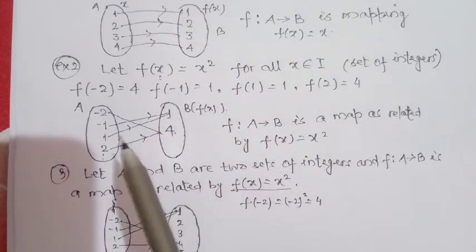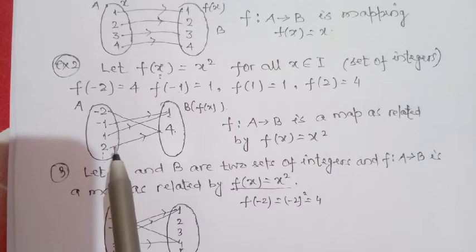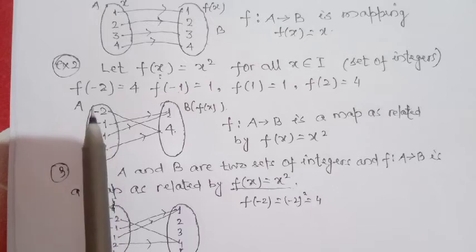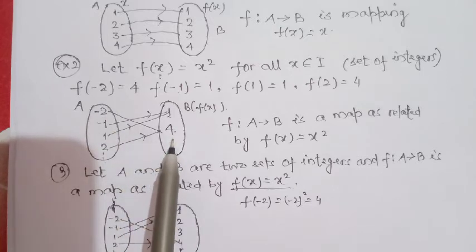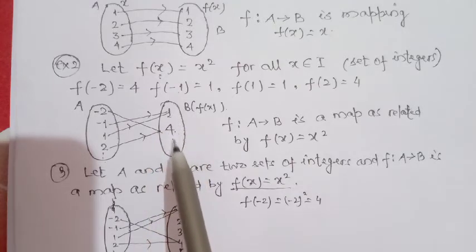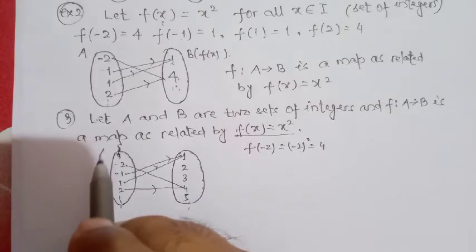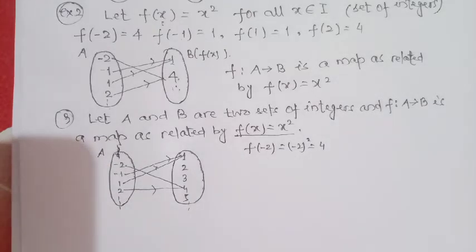Similarly, in the second example, more than one element of domain have one image, and each element of codomain is also an image. In the third example, more than one element of domain, that is A, have one image in B, that is one value of f(x).